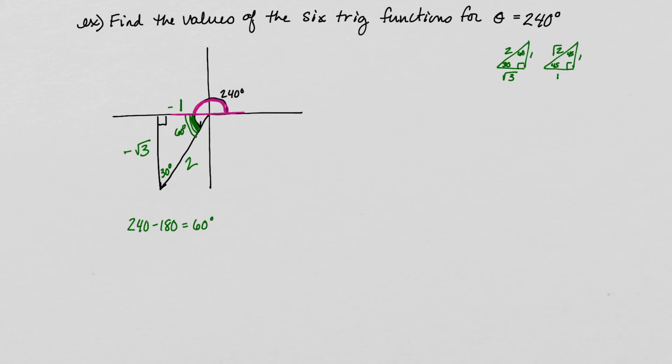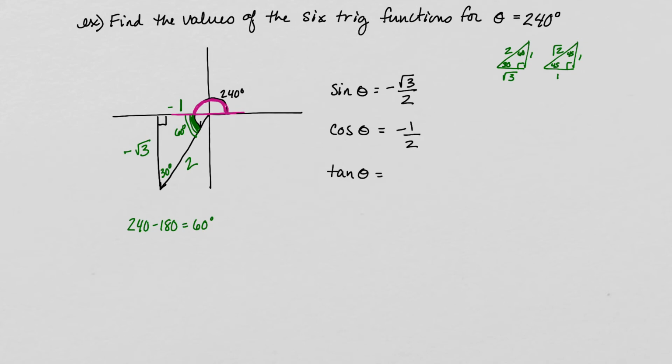And now that I have all those sides, I can figure out what the sine of theta is, the cosine of theta, the tangent of theta. Right? So the sine is going to be minus square root of 3 over 2. The cosine is the adjacent, so minus 1 over 2.